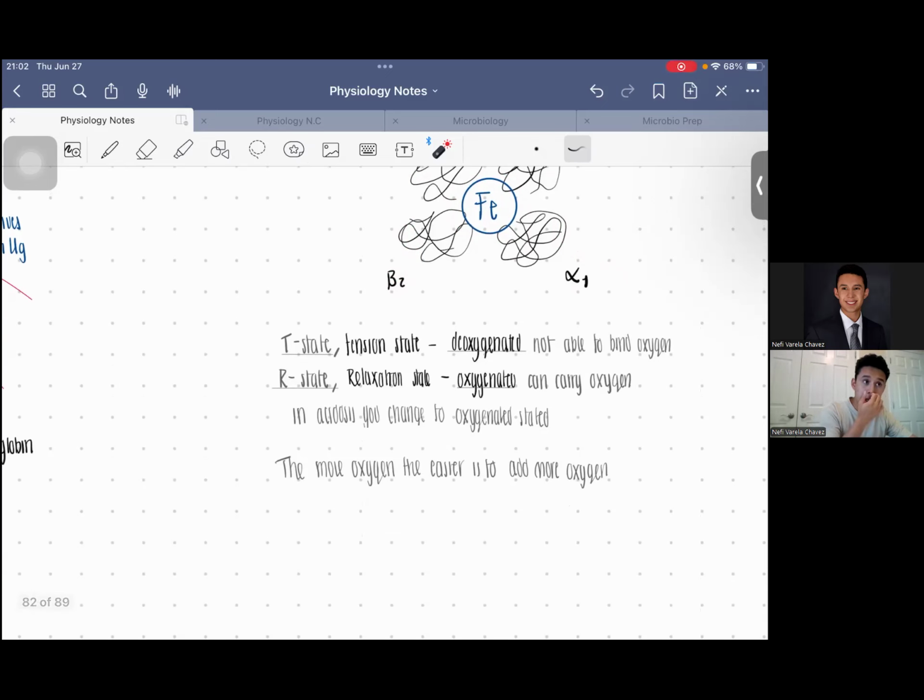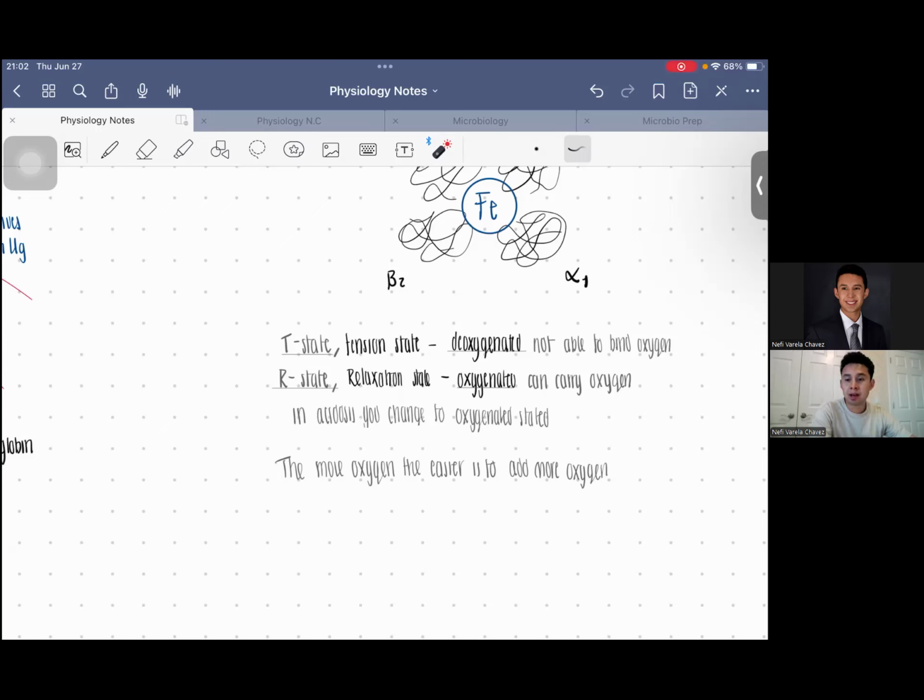But to do so, there are two states in which hemoglobin can be, that are going to increase or decrease its affinity to oxygen.